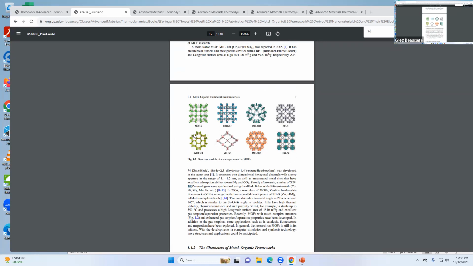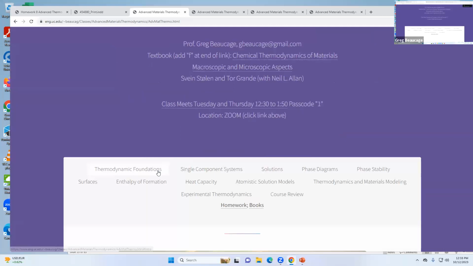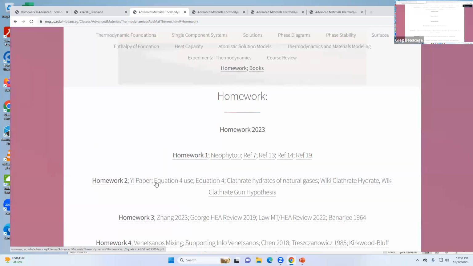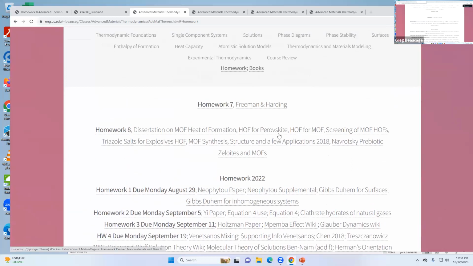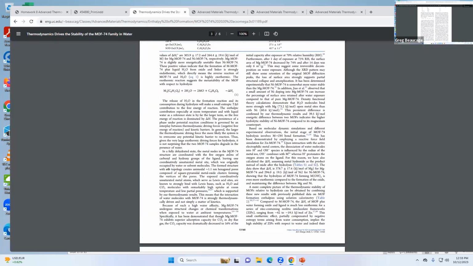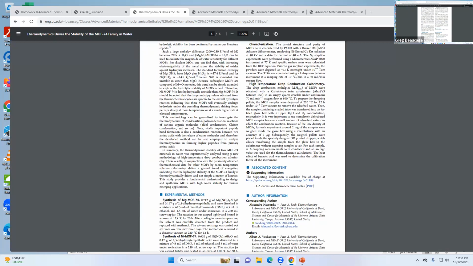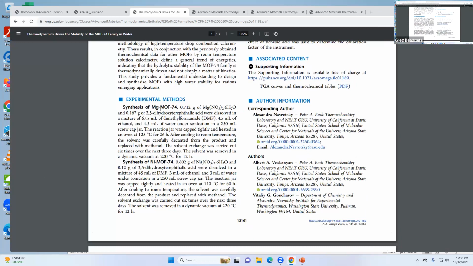How to make it seems to be pretty simple. In the experimental methods section of this other paper, they say this is how we make it.